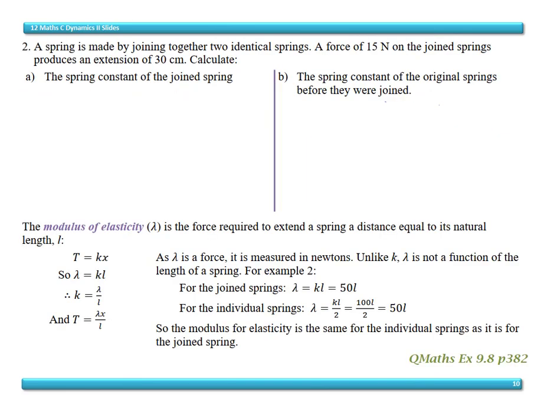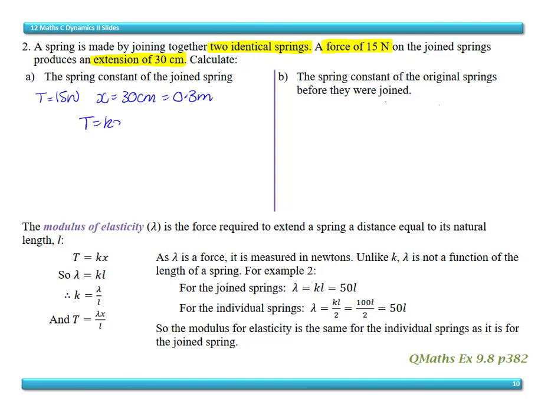Now, a spring is made by joining together two identical springs. A force of 15 newtons on the joined springs produces an extension of 30 centimeters. Calculate the spring constant of the joined spring. So our force, or tension, is 15 newtons, and our extension x is 30 centimeters, which is 0.3 meters.